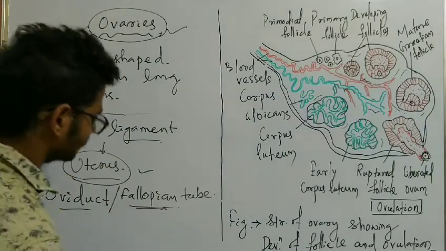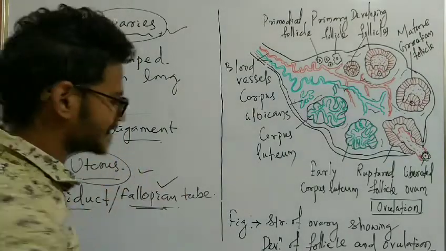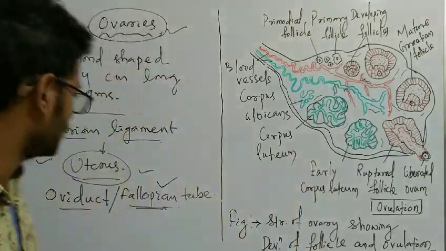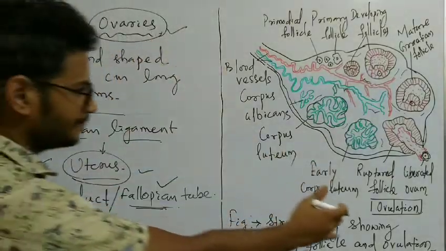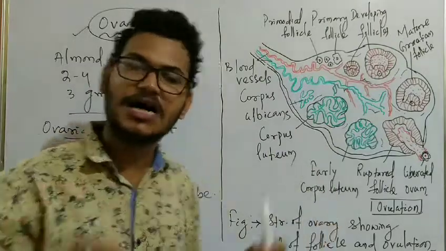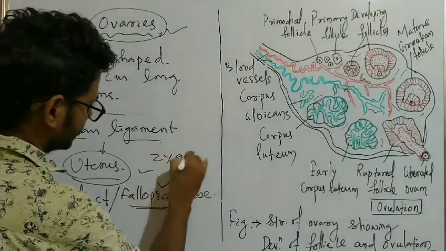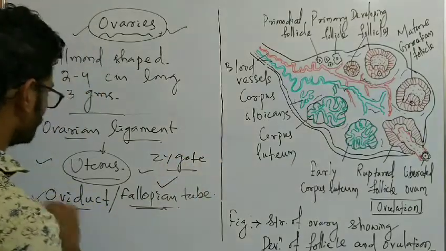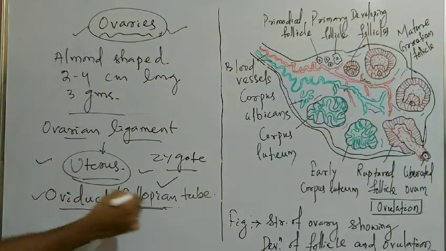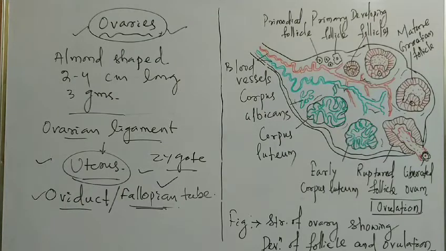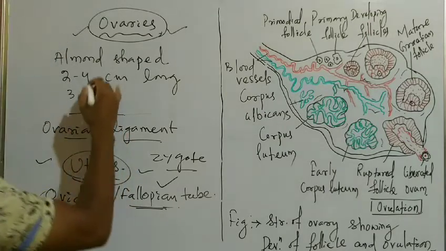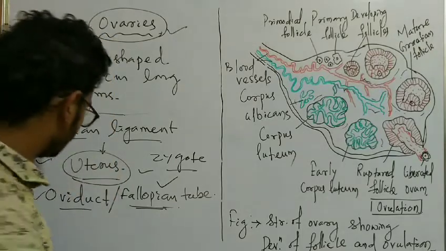It is also the site of fertilization, where the mature ovum meets the sperm and fuses with it, forming the zygote. So this is a very important structure, and the ovaries are also attached to it.